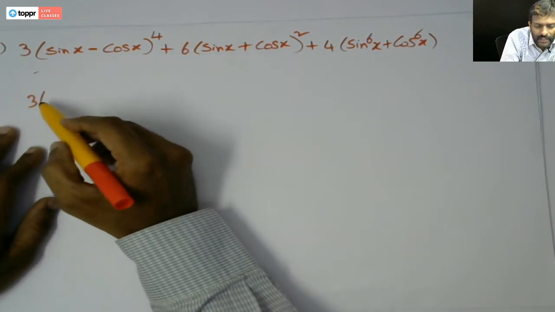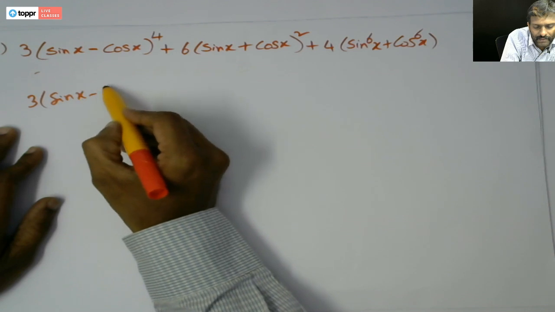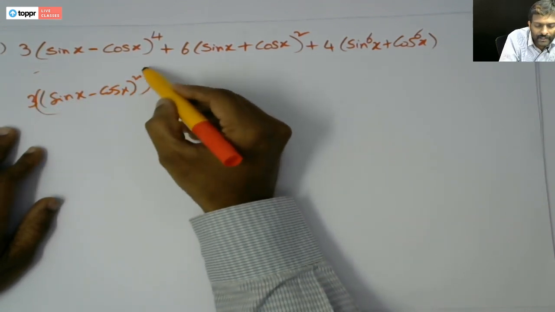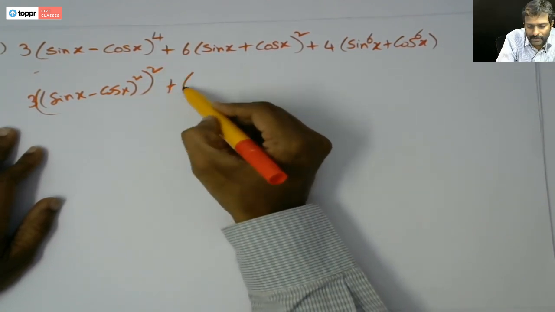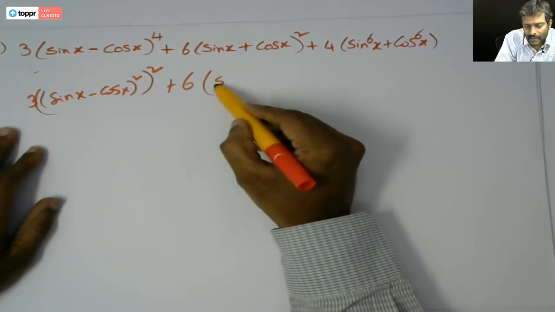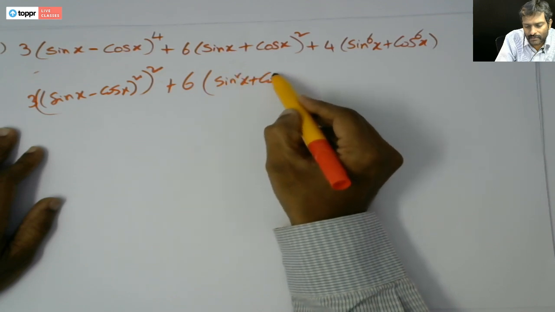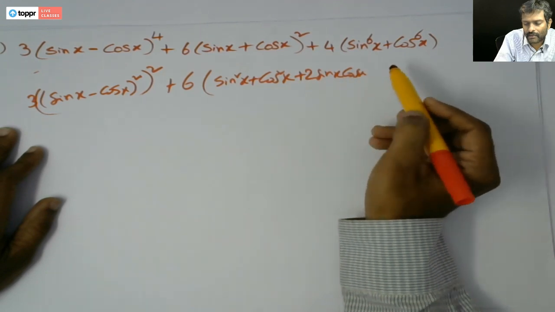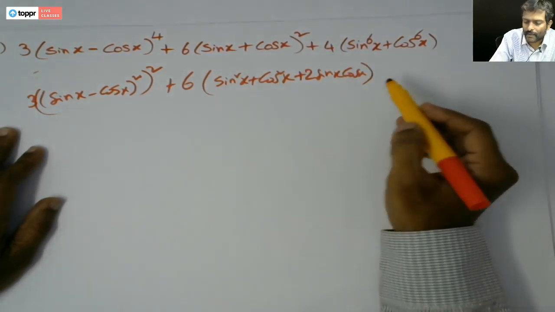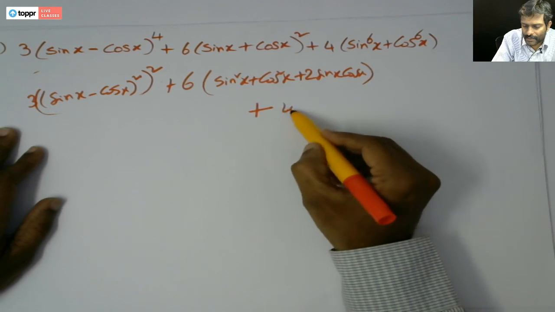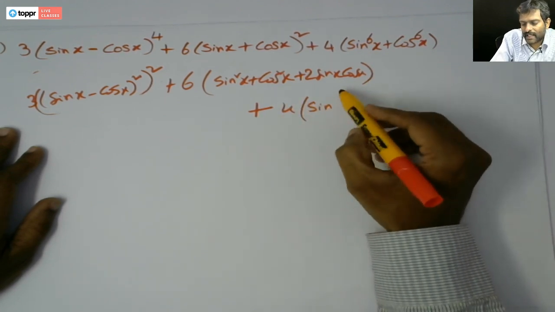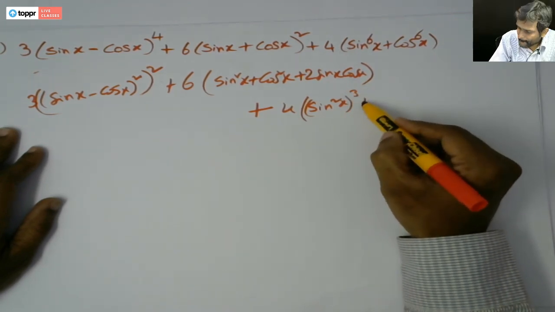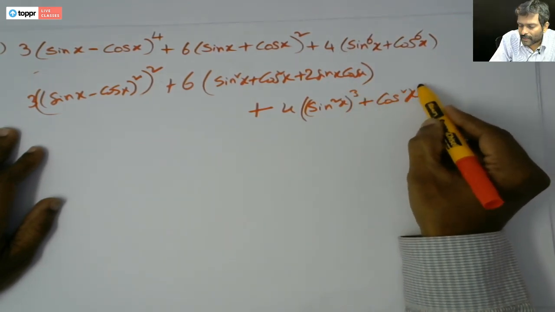So we will write this as 3 times (sin x minus cos x) to the power of 2 and whole square, plus this can be simply written as (sin square x plus cos square x plus 2 sin x cos x), right? Plus this can be written as 4 times (sin square x) whole cube plus (cos square x) whole cube.